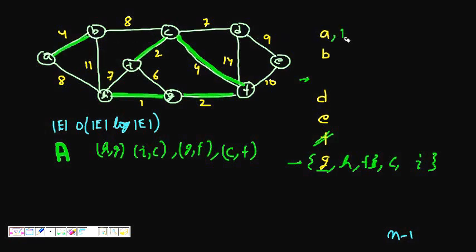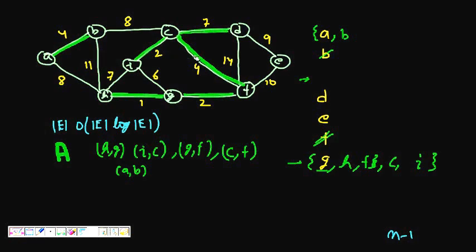A comma B now falls under the same set, and AB also comes into the minimum spanning tree. Then the next smallest is 7: HI, and CD is also 7. H and G were already taken, so we can take HI, or we can take CD. Let's take CD first, but you can choose any one of them randomly.